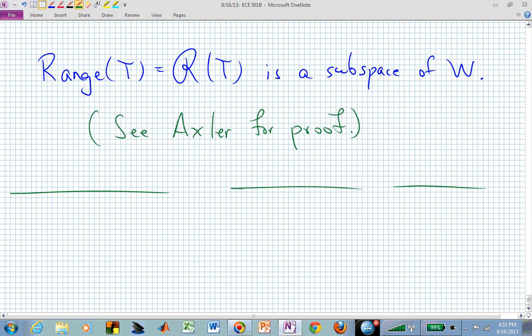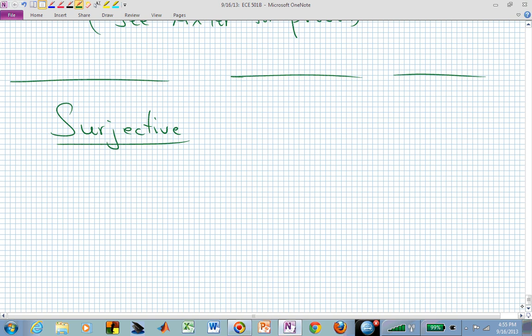So now here is this new term, surjective.